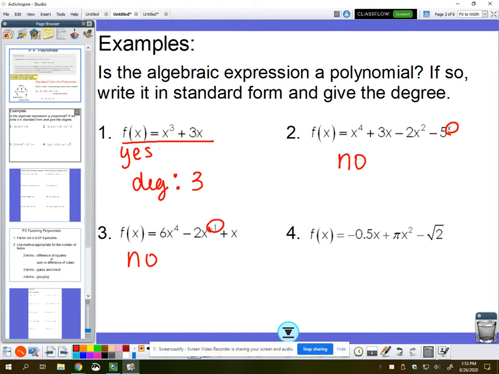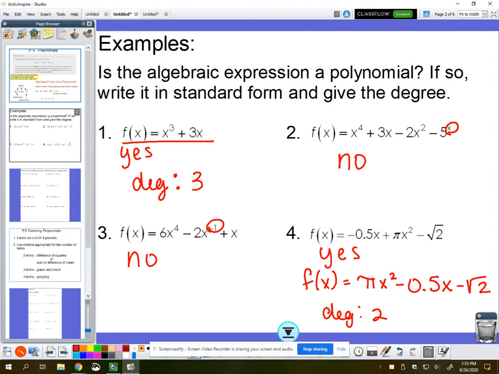They're not pretty real numbers, but they're real numbers. So this is a polynomial. If I write it in standard form, we want the biggest exponent first, so pi x squared, then the 0.5x, and then the constant term. And the degree is 2, because that's the biggest exponent.